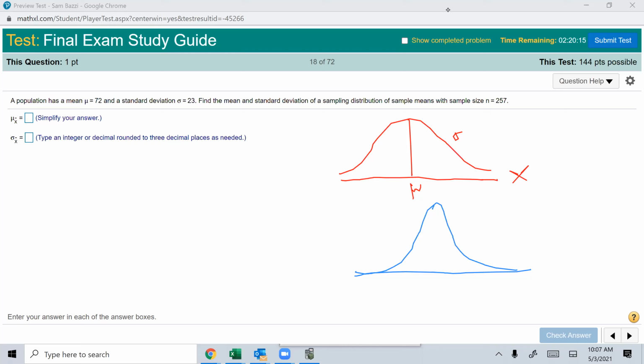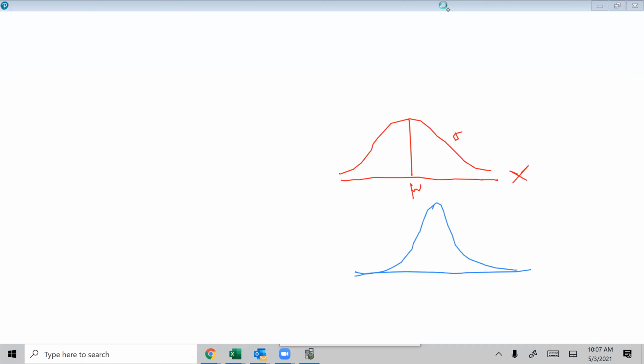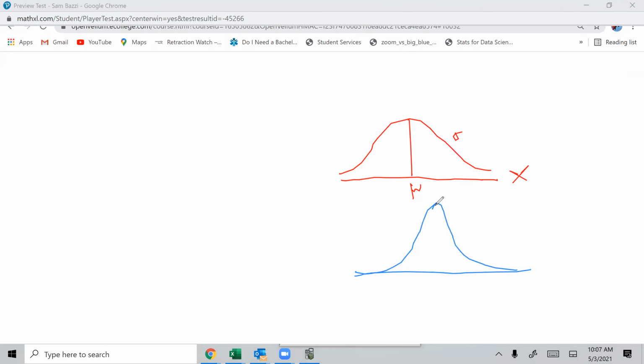Okay, we'll have the same mean, mu, that's X bar, but the curve is narrower. The standard deviation will not be the same as the original standard deviation. The sigma of X bar, this is what the central limit theorem says. It will be the original sigma divided by square root of n.